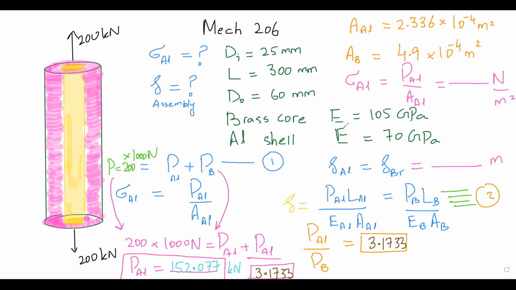Oh, yeah, the brass has 105. Brass is 105, and aluminium is 170. Millimeter? Good. 2.79 millimeter. Thank you. I don't have the answer.